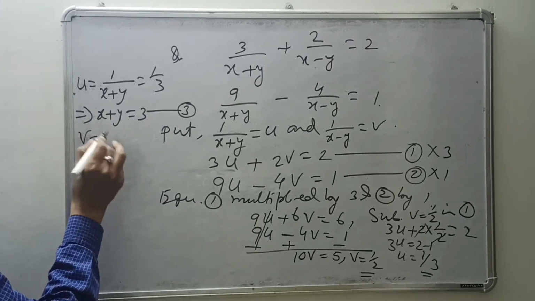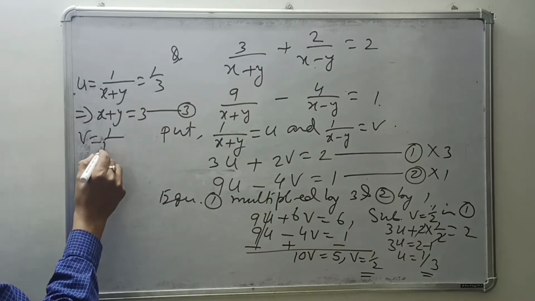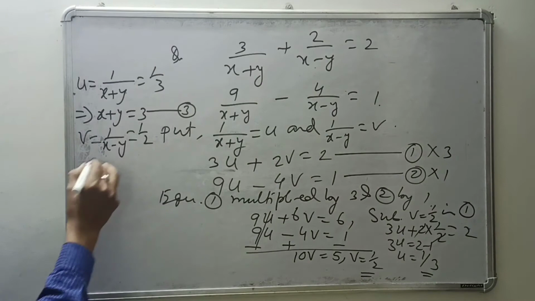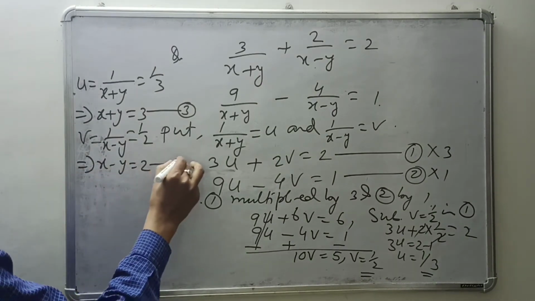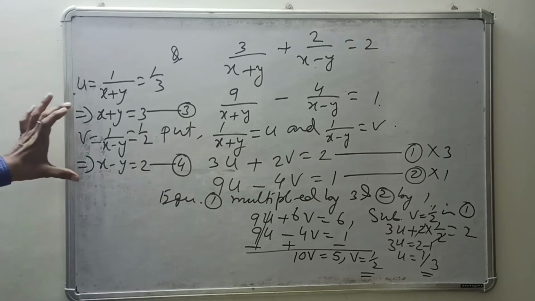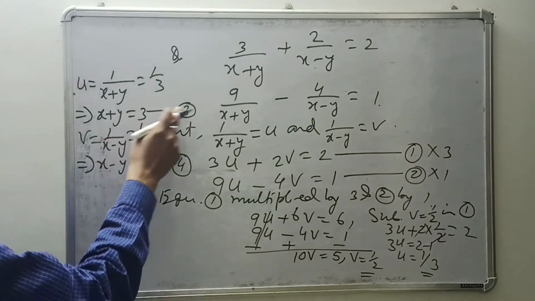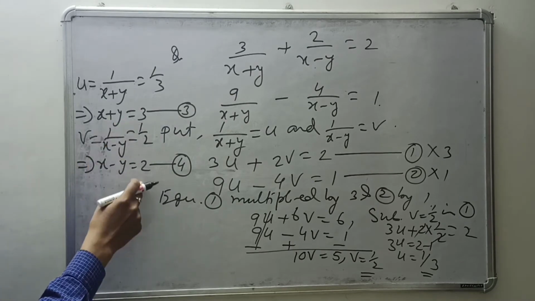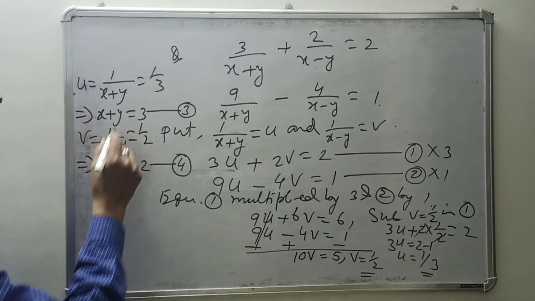Similarly, v equals 1 by (x minus y), and that equals 1 by 2. From there we get x minus y equal to 2. That is equation 4. These two equations have to be solved. Since x plus y and x minus y are the same terms, we can add or subtract to eliminate one variable.